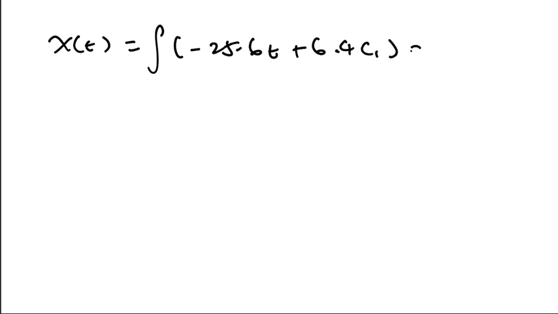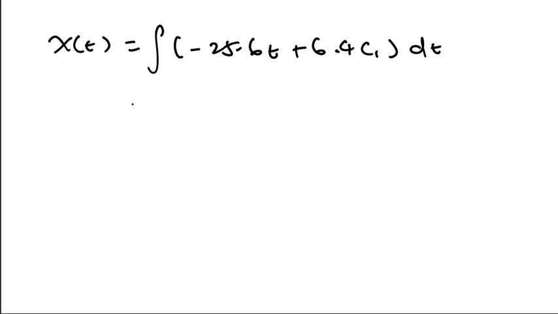So x(t) is actually the integration of x dot, and x dot we already found earlier, minus 25.6t plus 6.4 C1, and then integrate it with respect to time.